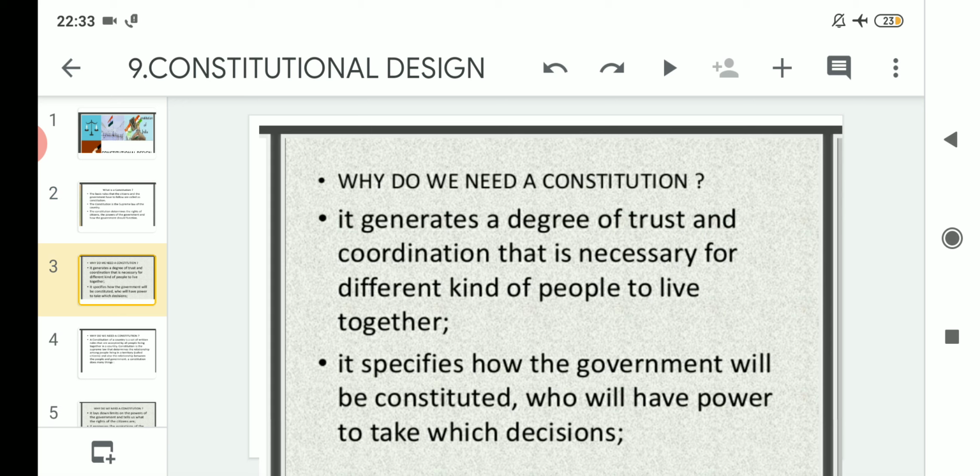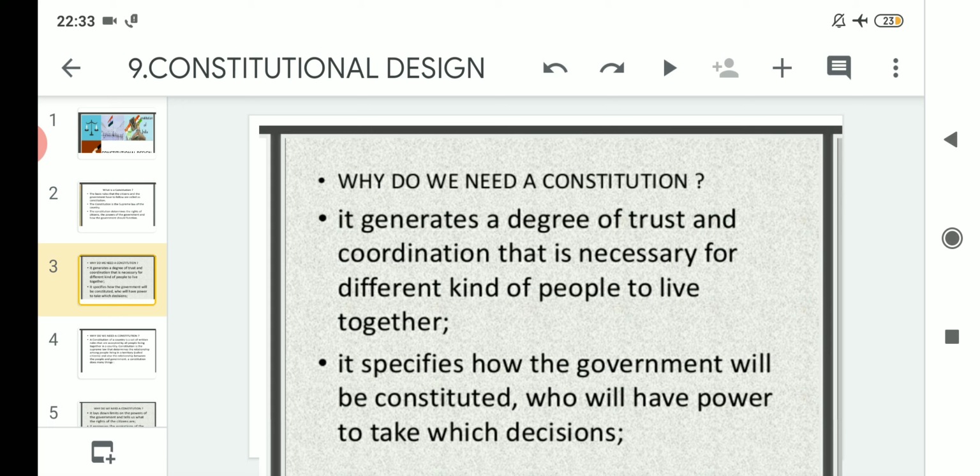If they have trust upon each other, they will surely coordinate and cooperate with each other. And in this way, people of different religions will be able to live happily with each other. The environment will be very good for them to live in a harmonious way.